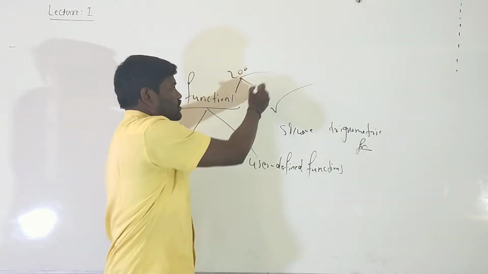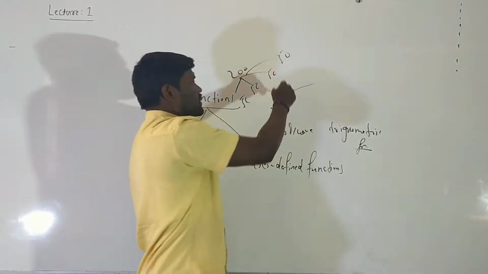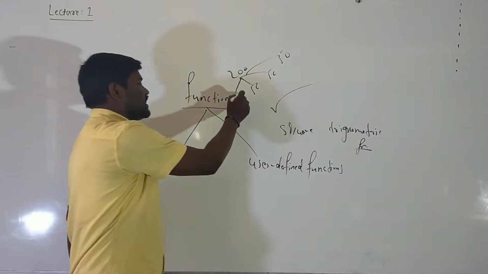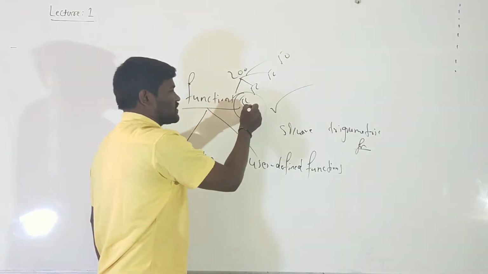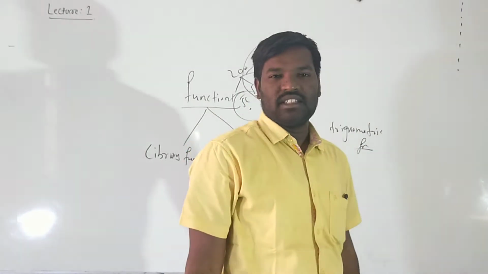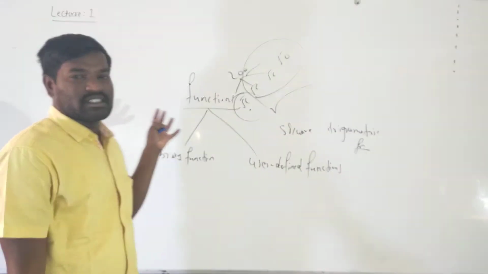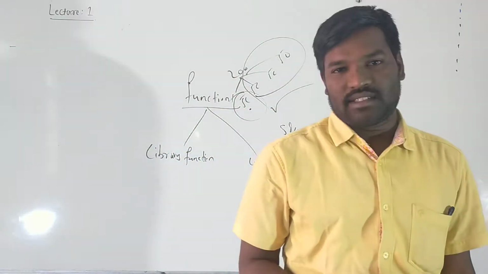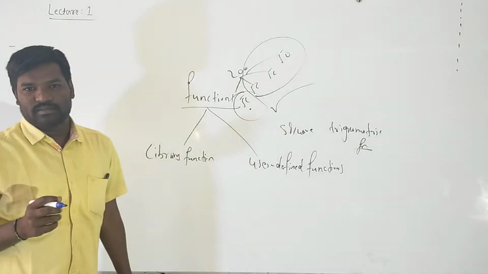So this 200 lines I can divide into 50-line modules. If any error occurs in the first function, we can concentrate only on that function, not the remaining functions. The main advantage of using functions is that the readability of the program increases, and it is easy to write, easy to understand and easy to handle errors. Those are the main advantages of using functions.